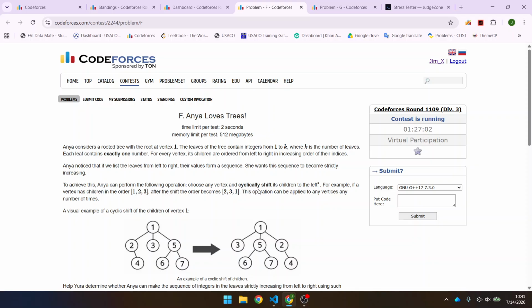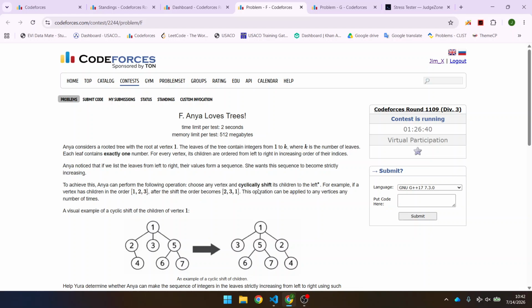You would tree with the root at vertex 1. The leaves of the tree contains integers from 1 to k, where k is the number of leaves. Okay. Each leaf contains exactly one number. For every vertex, its children are ordered from left to right in increasing order of their indices.